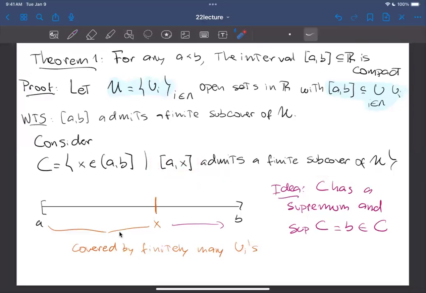So we need to prove three things: C has a supremum, the supremum is B, and it lives in C. Maybe first we'll show it's B and then that it lives in C.